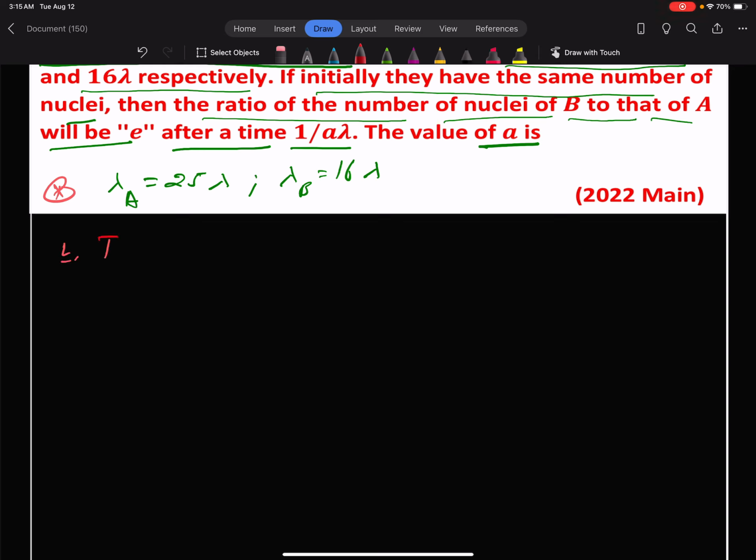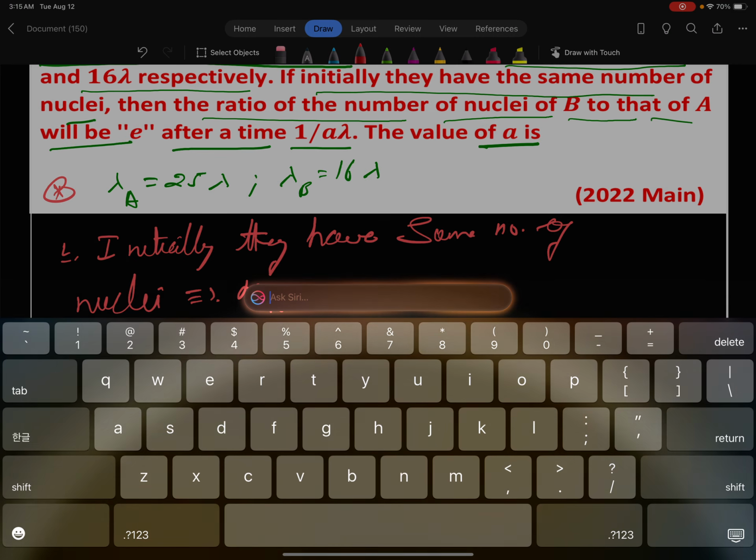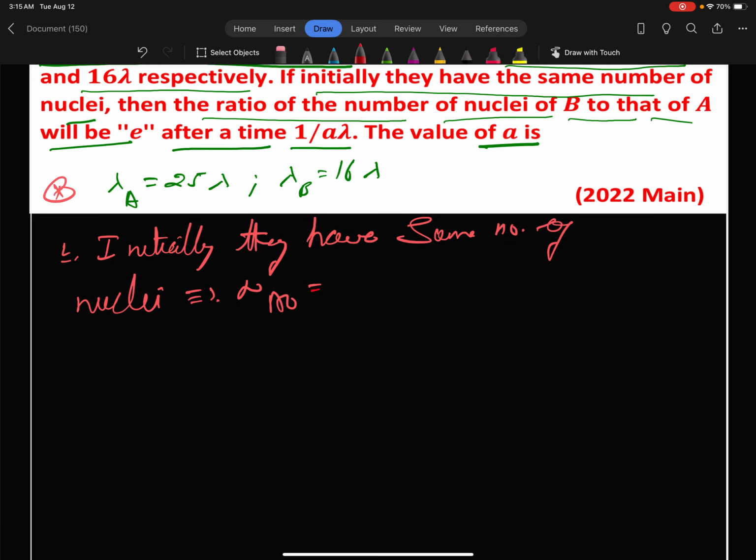Initially they have the same number of nuclei, which can be written as Na naught is equal to Nb naught, and let us suppose this is our N naught.